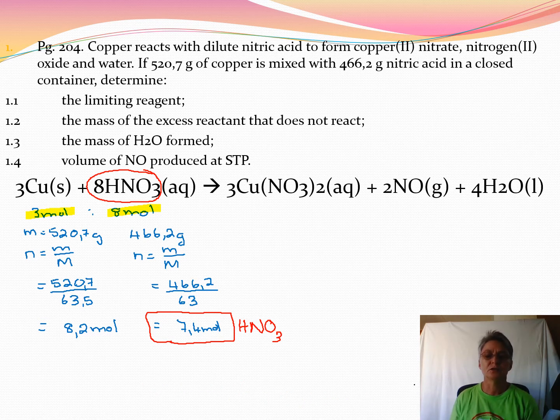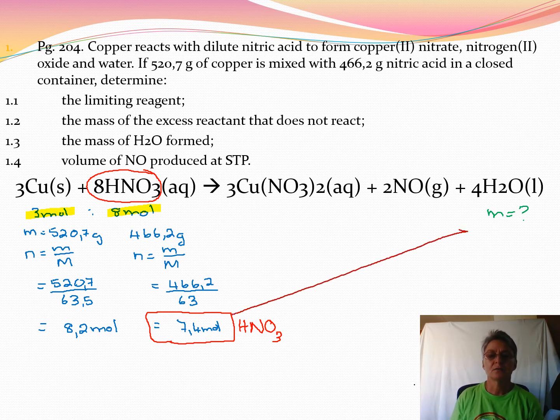I'm going to use the nitric acid to calculate the mass of water. So it's this 7.4 moles. The mole ratio is 8 moles to 4 moles.